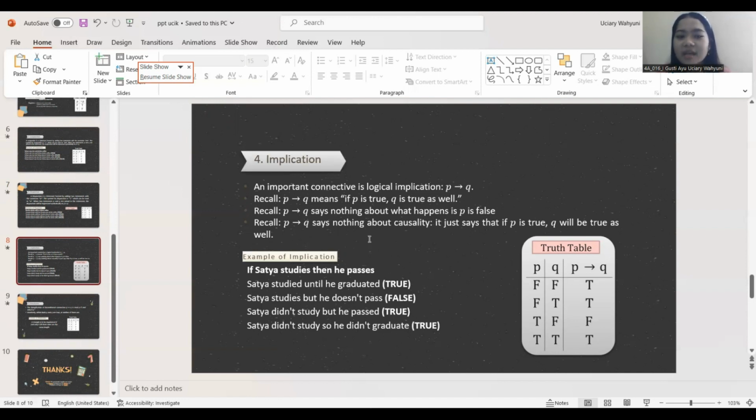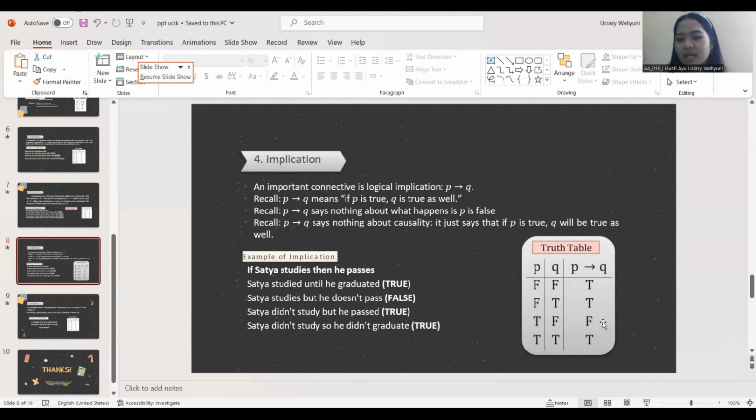Recall, if P then Q says nothing about what happens if P is false. Recall, if P then Q says nothing about causality, it just says that if P is true, Q will be true as well. Okay, guys, implication also has a truth table. This is the truth table of implication.